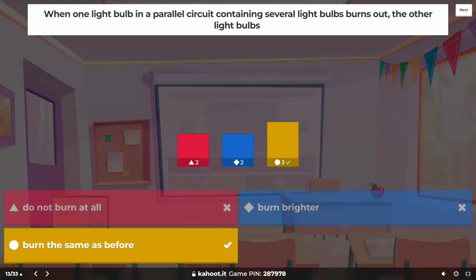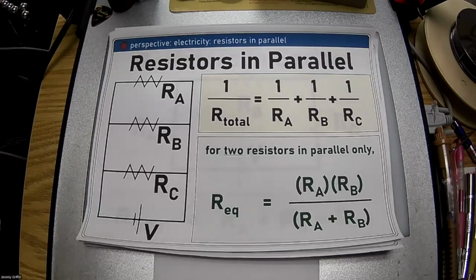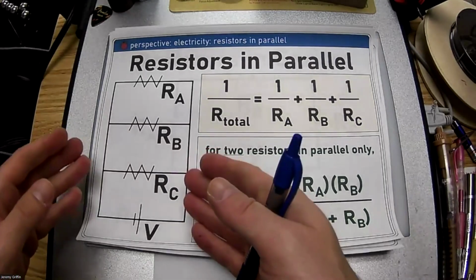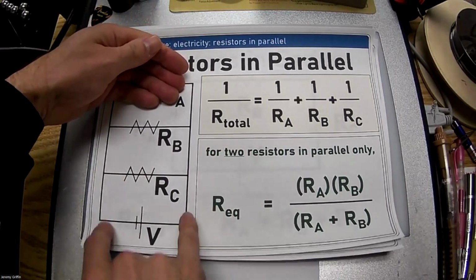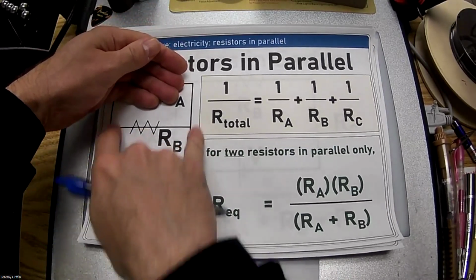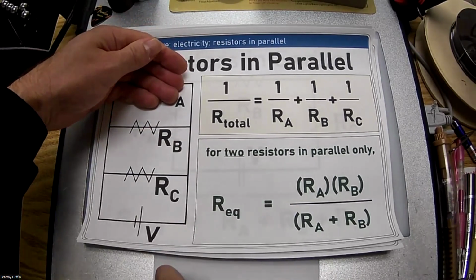Same as before. Let's look at the schematic diagram. So this is what I was just showing you, right? If it's a parallel setup like this, and one bulb burns out, isn't it the exact same voltage drop across these other resistors, and therefore the same current through those resistors?